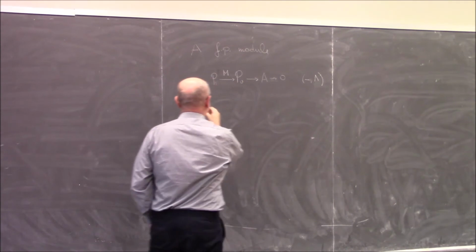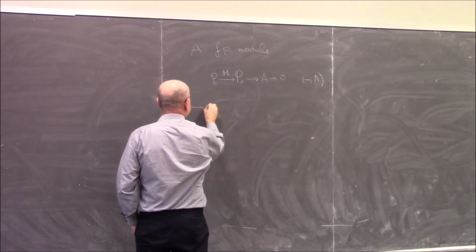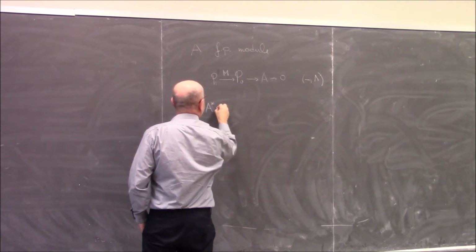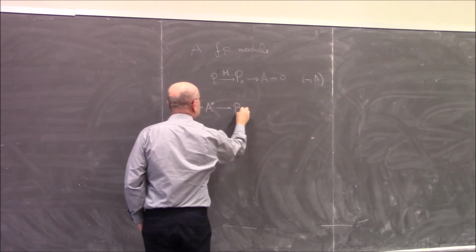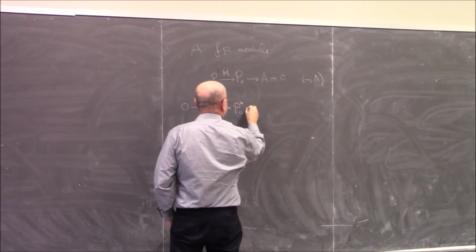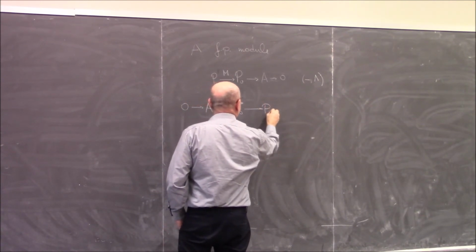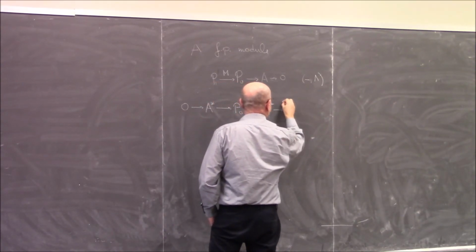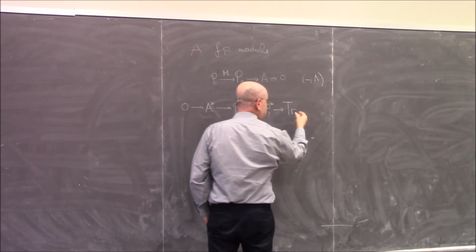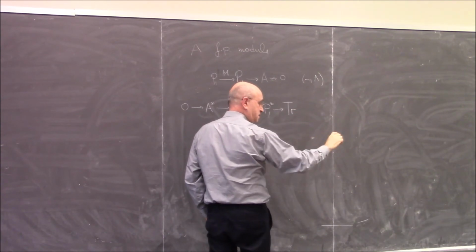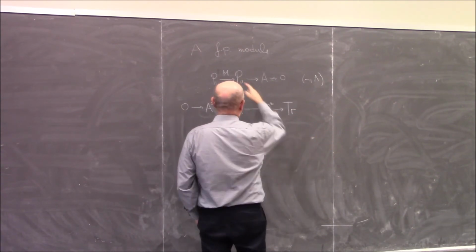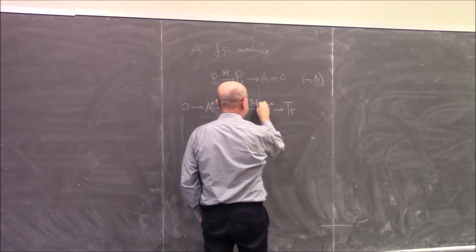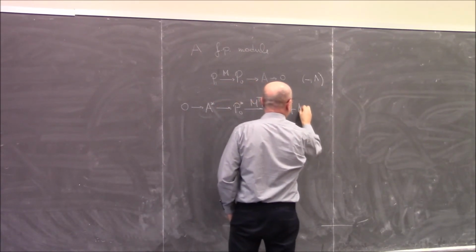It's left exact, so we end up with this sequence: the dual of A, going to the dual of P0, and going to the dual of P1, and the cokernel of this map is the transpose. So what is a transpose? Essentially, it's a transposition of the matrix. If this matrix was M, then the matrix here would be exactly the transpose. That's the definition.